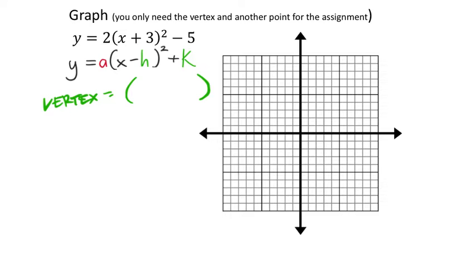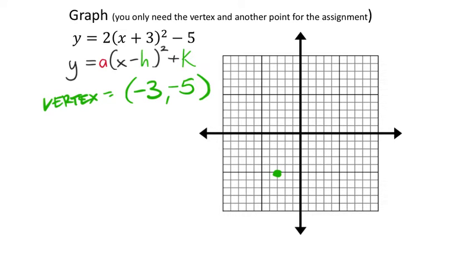And the h, see how it's a plus 3, but it should be minus, right? Which means it's really minus -3. So my x value for the vertex is -3. And for the k, whatever operation is to its left is its sign. So this one is -5. So we end up with -3, -5, which on my graph is right here.